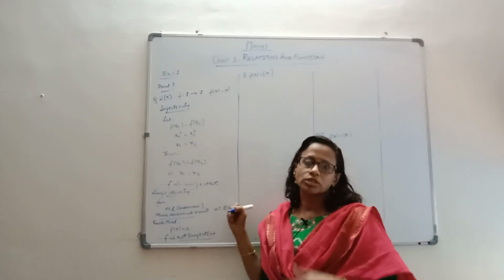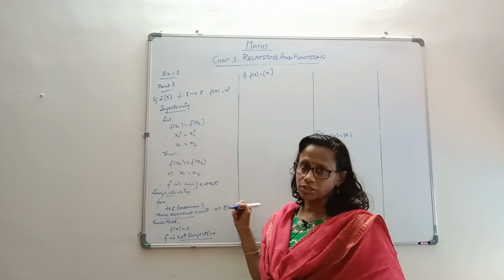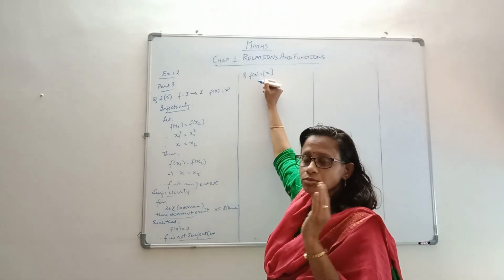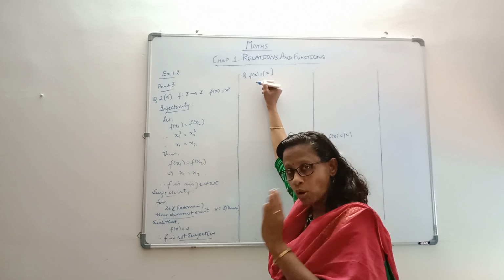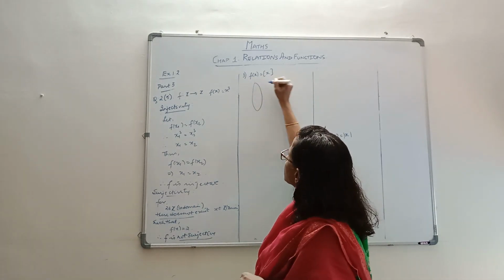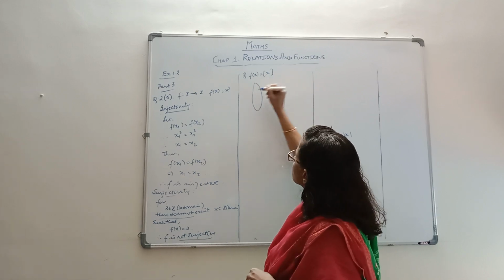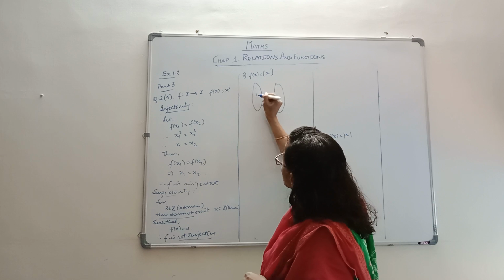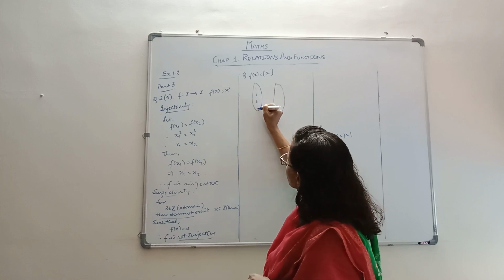So let's first understand what this greatest integer function is. What is the meaning of that? It is from real numbers to real numbers, so it applies throughout the real number line. But for us to get an idea of it, let's just see the positive numbers. First you have numbers from 1 to 2, then 2 to 3, 3 to 4, like that.